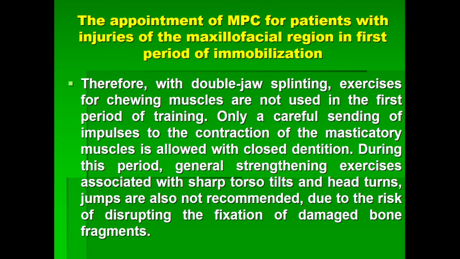Yes, students, if you remember, we said that this has the name ideomotor exercise, for persons with double jaw splinting. During this period, general strengthening exercises associated with sharp torso tilts and head turns, and jumps, are also not recommended due to the risk of disruption of the fixation of damaged bone fragments.